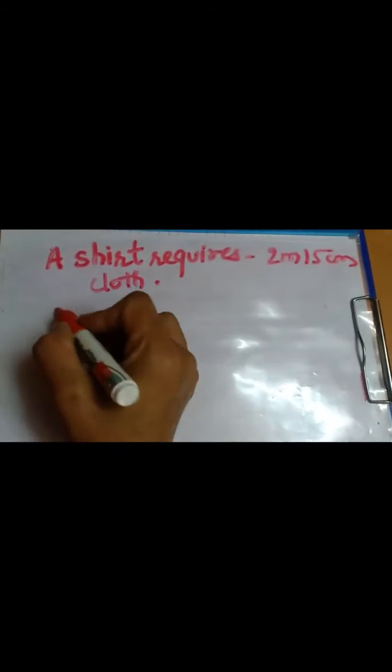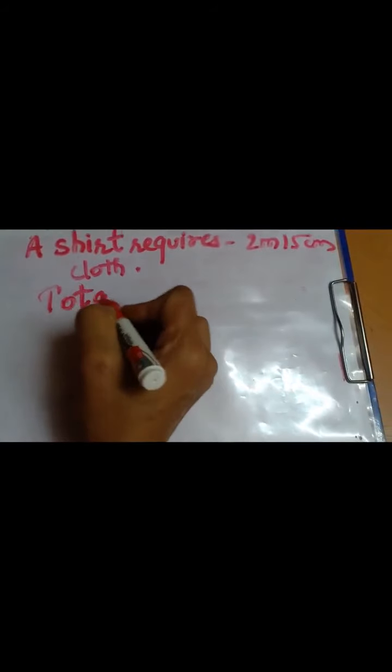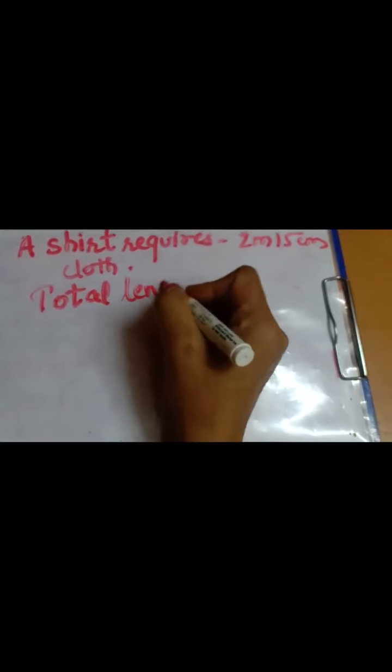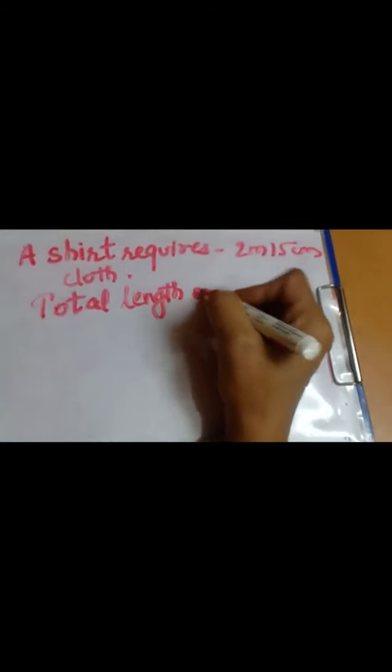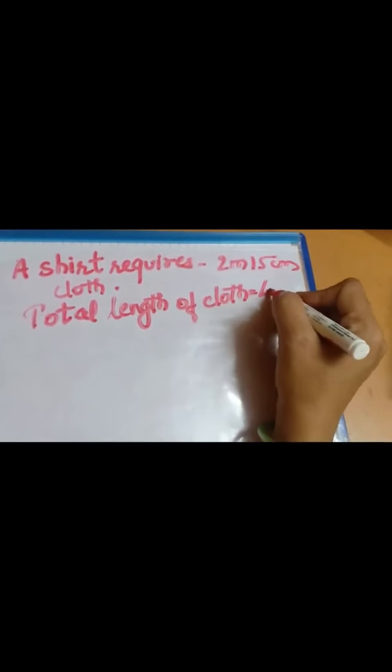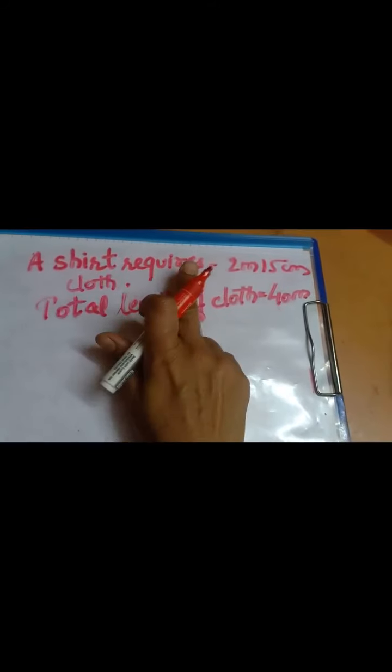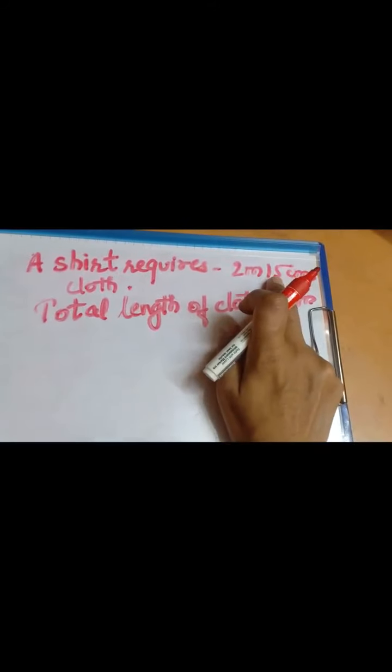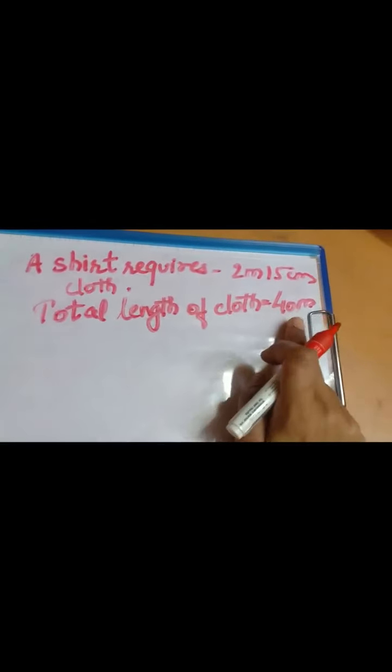And the tailor is having 40 meter cloth. So total length of cloth equals 40 meter. Now if you see, the shirt requires 2 meter 15 centimeter cloth. Total cloth is 40 meter.